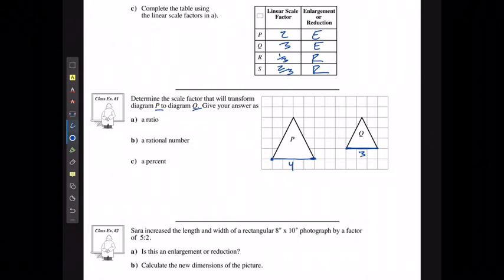What I'm going to do is put my new one for Q in the numerator and my original one for P in the denominator. If I want to do it as a percentage, I would actually do 100 multiplied by that ratio, which is going to give me 75%.